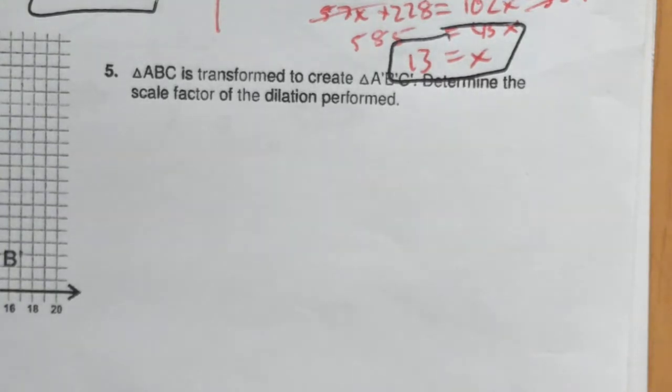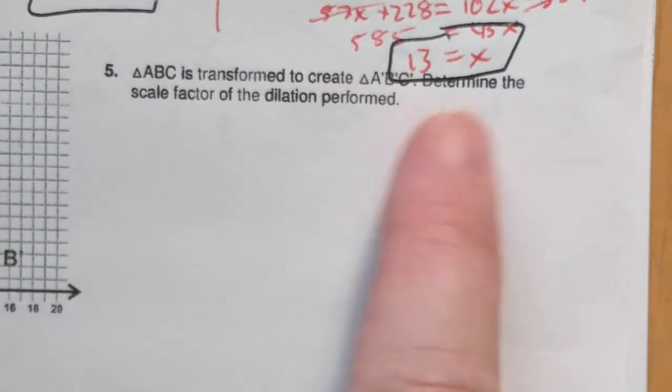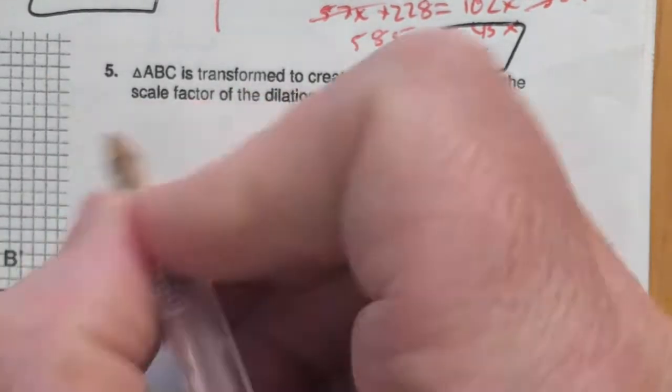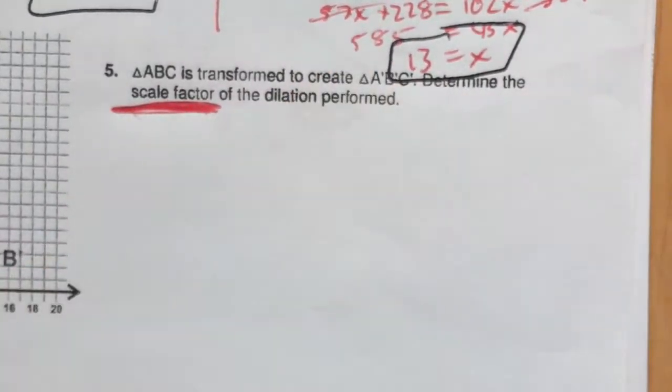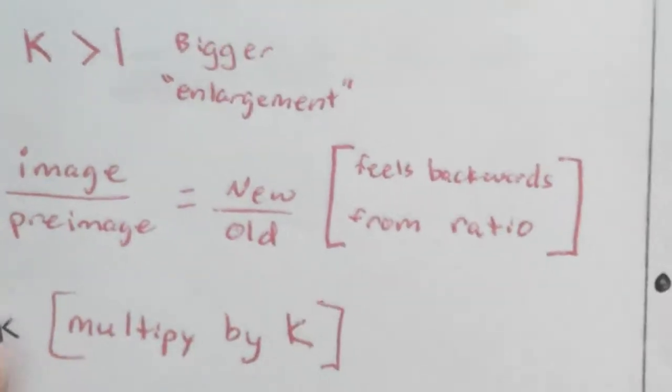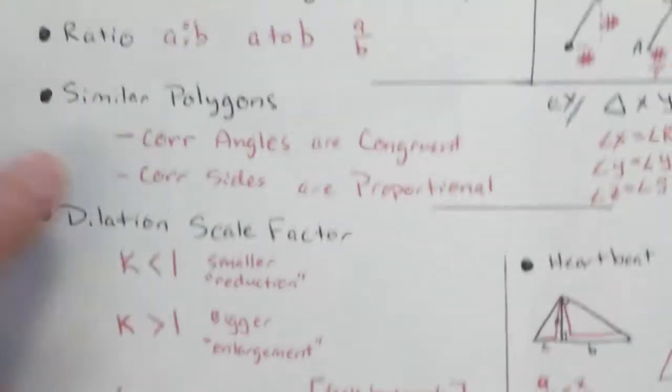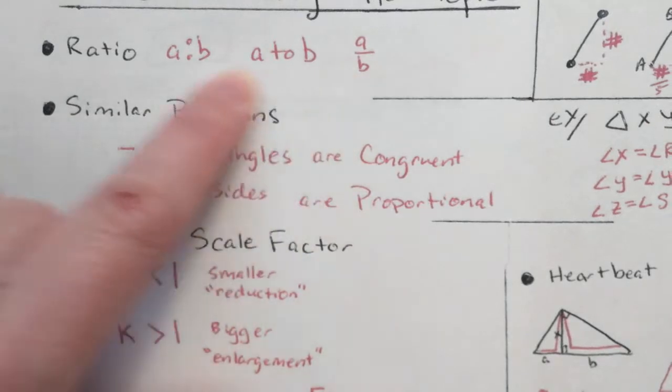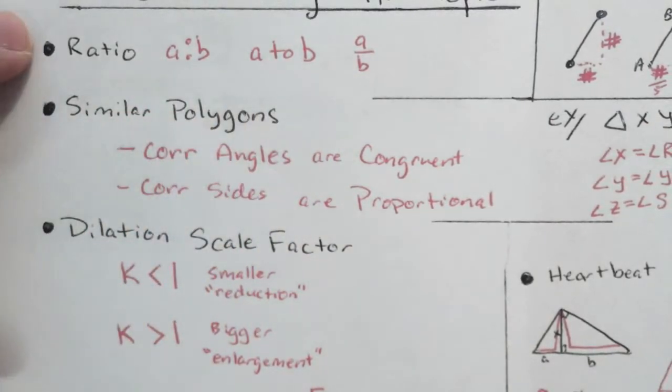Okay, and then number 5. All right, so on number 5, all they want is the scale factor. Now, here is the thing. Scale factor is backwards. So you know how we go from left to right, top to bottom? That's the ratio.